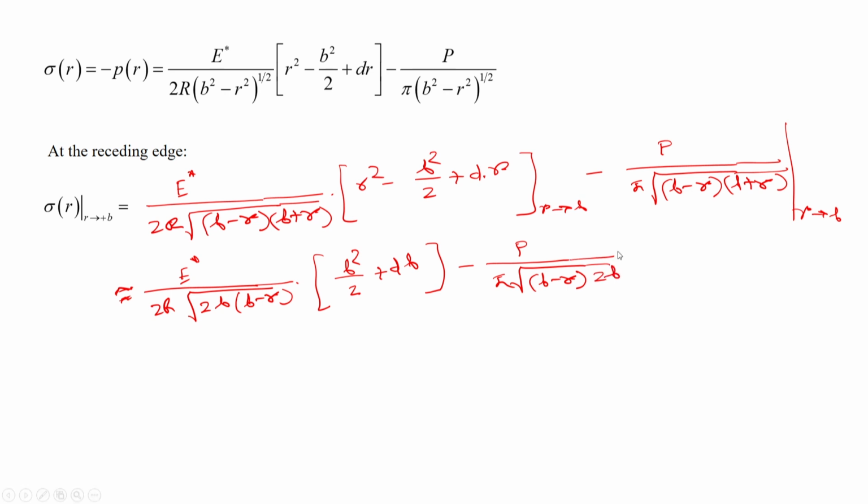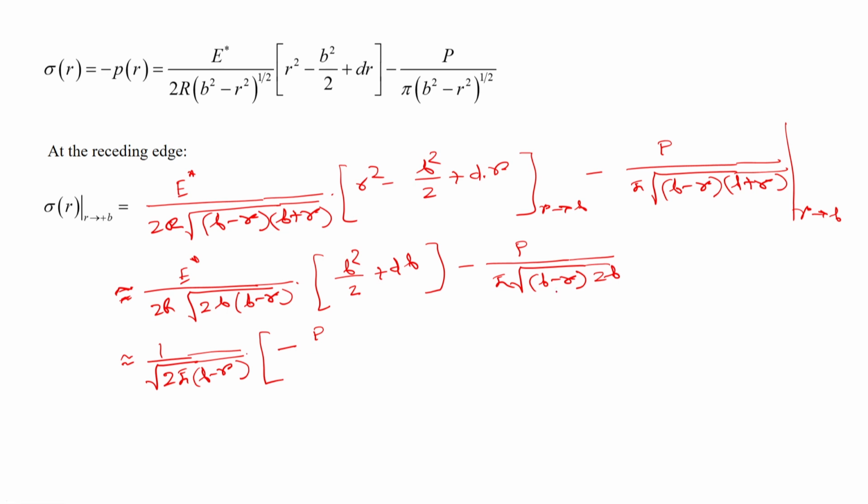And so, therefore, I can write it like this. Let us say I write here 1 by square root of 2 pi into b minus r. So, that will be minus p, this is square root of 2 pi.